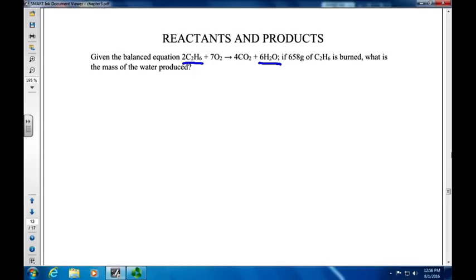The first thing we're going to want to do is calculate the molecular mass of both of these molecules. Let's start with the mass of H2O, which equals 2 times 1.008 grams per mole, plus 16 grams per mole.